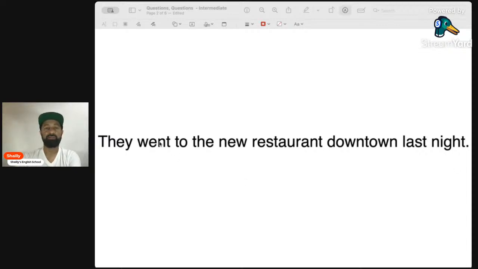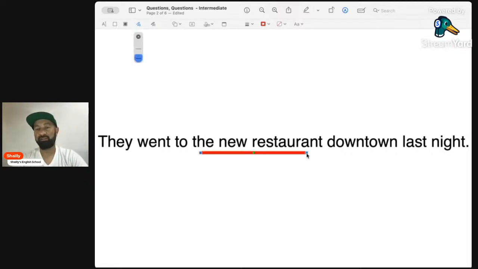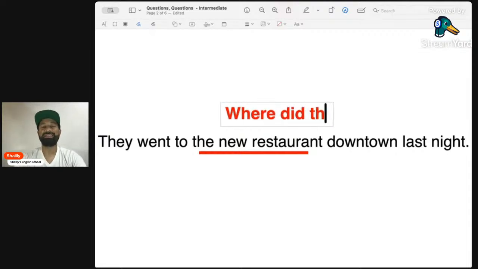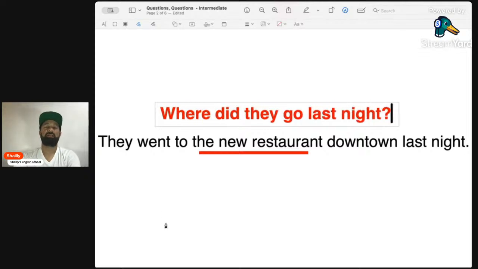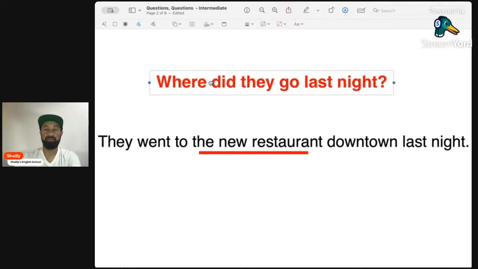For me, I'm probably going to assume the new restaurant is the answer. So my question here would be, where did they go last night?